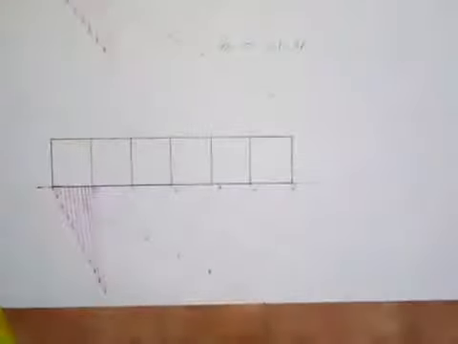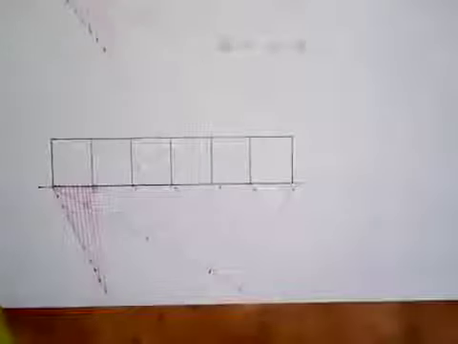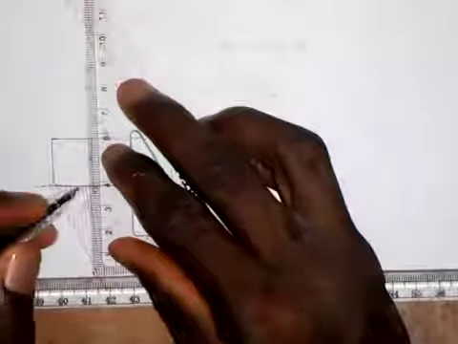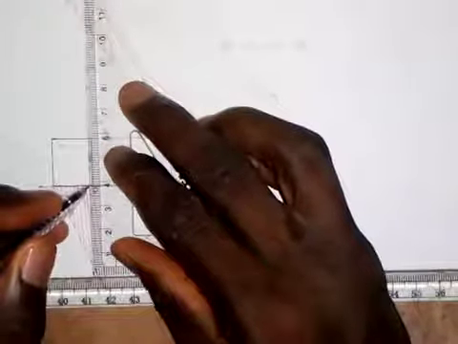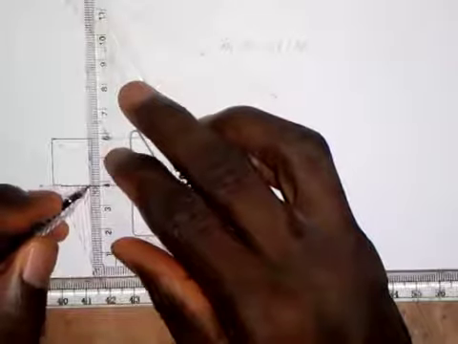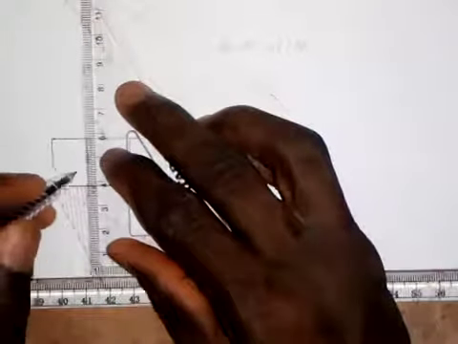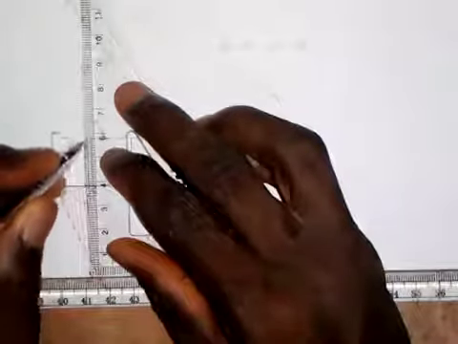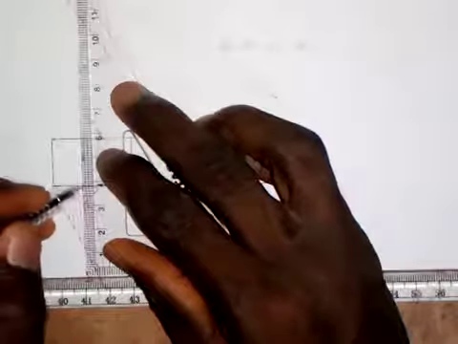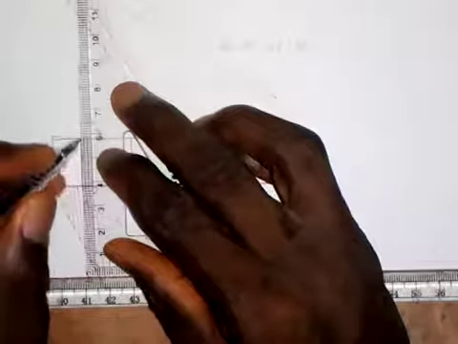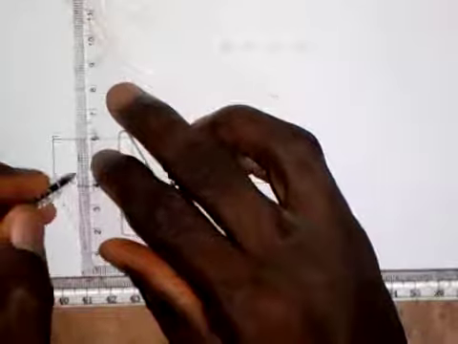Alright, so the next thing I'm going to do is to draw vertical lines on each of these. So I will come here, I'll draw a vertical line. Coming here, I will draw a vertical line. Here also, I will draw a vertical line. Here, I will draw a vertical line.